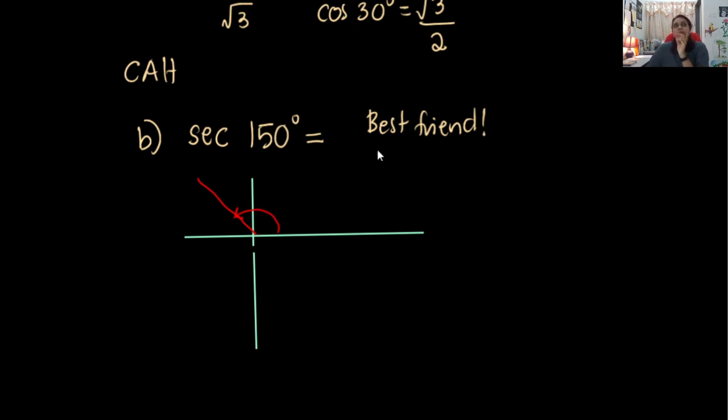Who is the best friend, or what should you change secant into? What is the other form if I want to draw the graph? Because if you want to draw the graph, you can only draw for sine, cos, tangent. The secant we don't have in this quadrant one. So you have to change first.